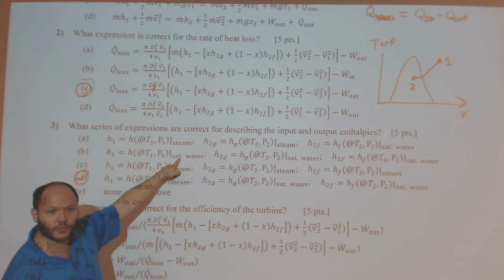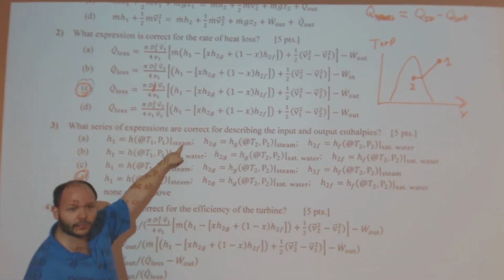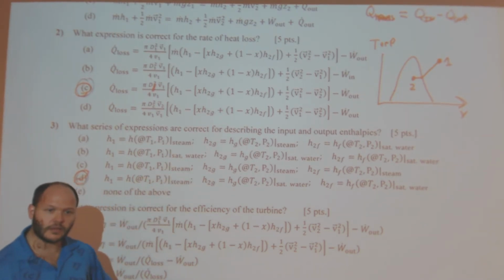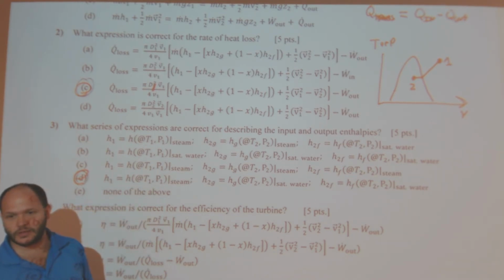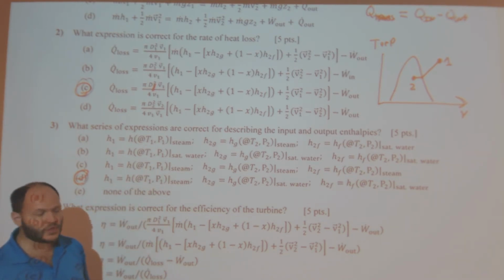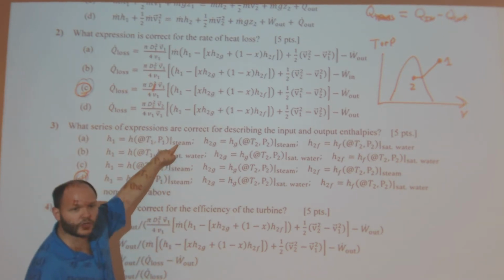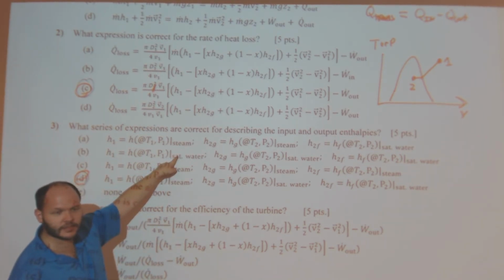If you look in a saturated water table, you're not going to get the properties for steam. You won't even find a temperature and pressure related to it. So this corresponds to where you look it up. It's the phase.